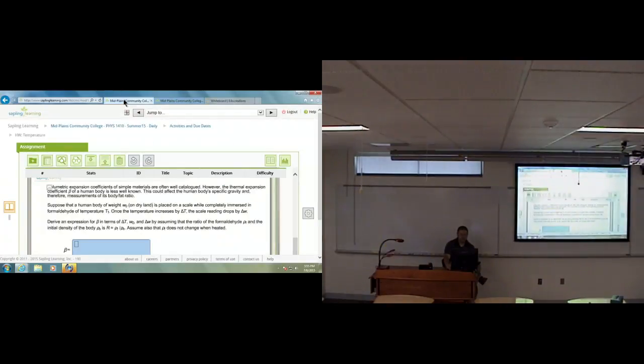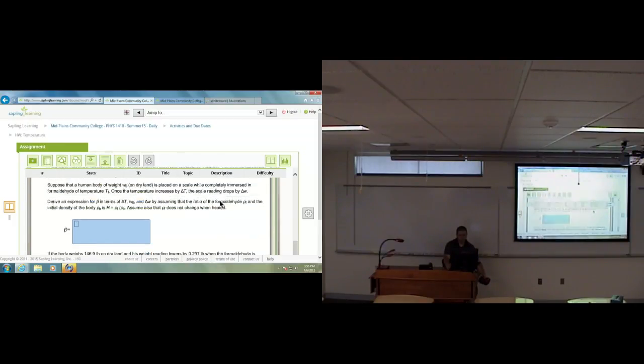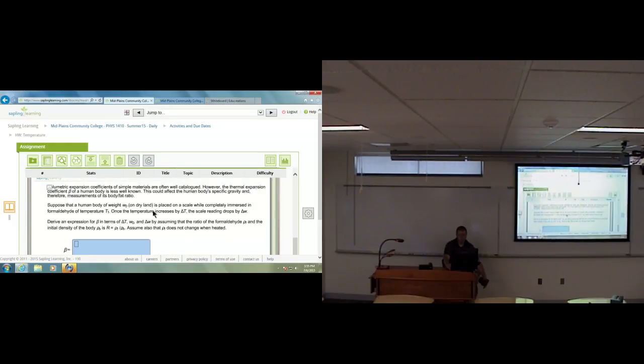Let's see what it says here. Human body, we have an expression in terms of weight 0 on dry land. So we're going to have temperature 1, temperature 2.